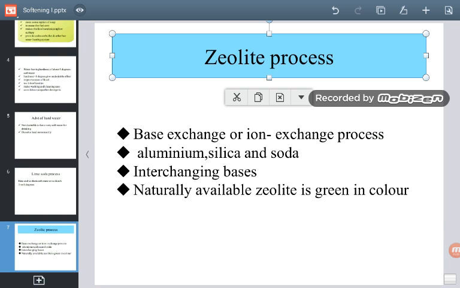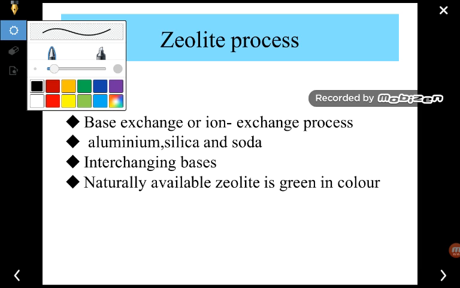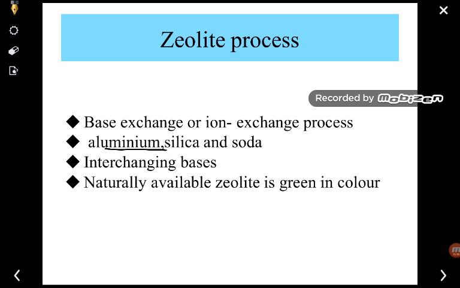The water softening treatment also includes the next method, the zeolite process, which is also known as the base exchange or ion exchange process. Zeolites are compounds of aluminium, silica and soda. They have an excellent property of interchanging bases, and they may be obtained from nature or synthetically prepared.